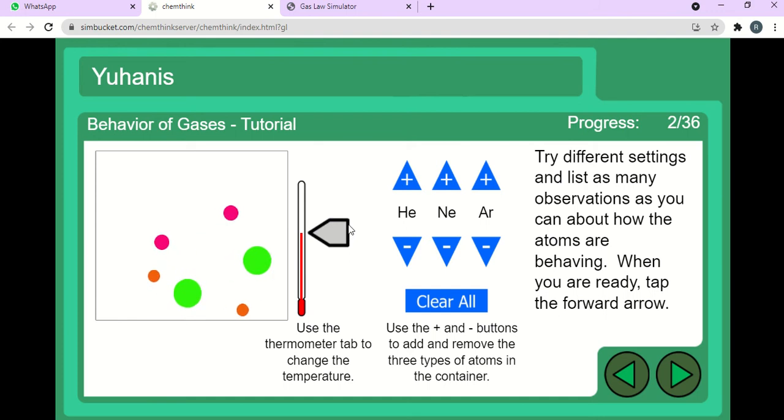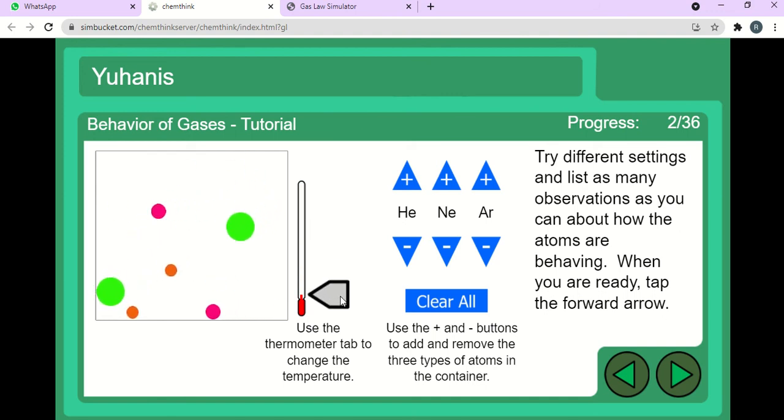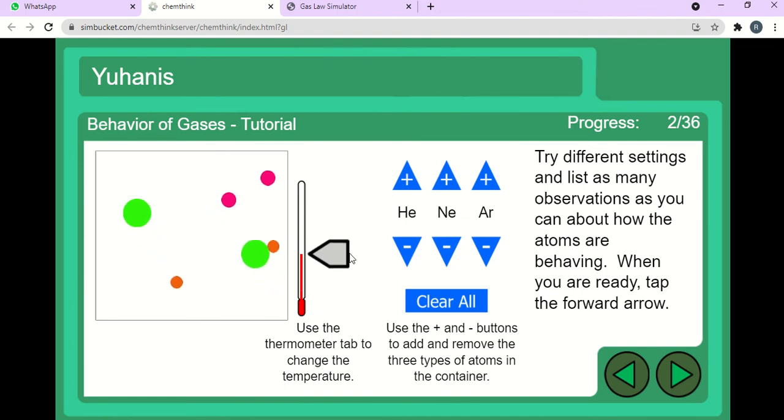If I heat up this container, the speed increases, and slows down when the temperature decreases. But we can still see the difference in speed between the helium, neon and argon. The larger the size, the slower the speed.